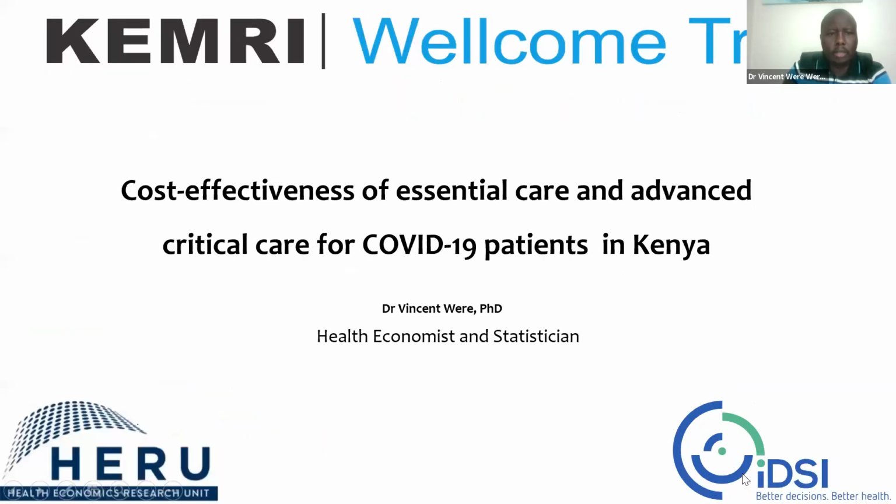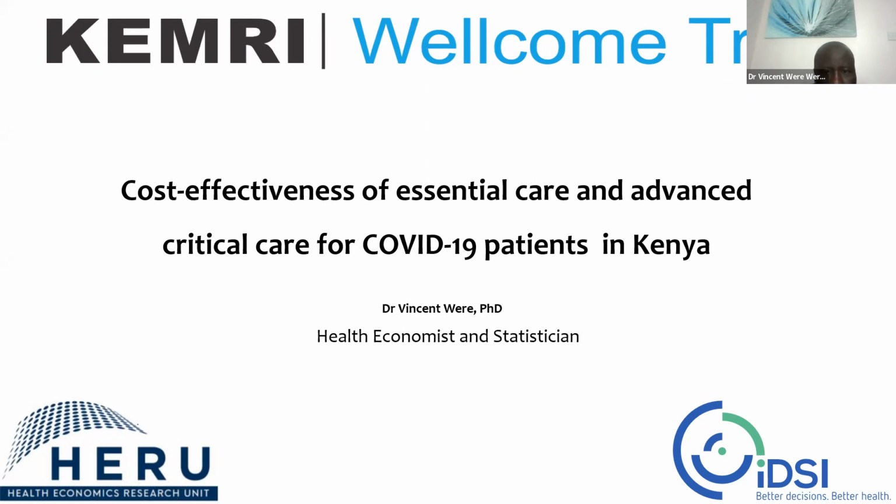Okay, so you can relate this topic to what we are doing. This study is about the cost effectiveness of essential care and advanced critical care for COVID-19 patients. I just want to tell you how modeling works. In economic modeling, we focus on anything, whether it is COVID, antimicrobial disease, malaria, TB, or non-communicable diseases.